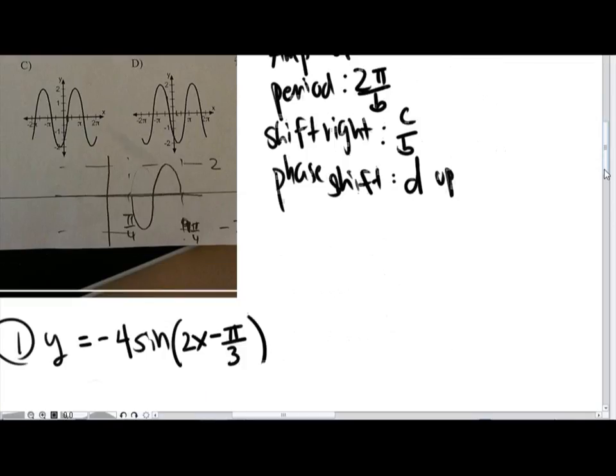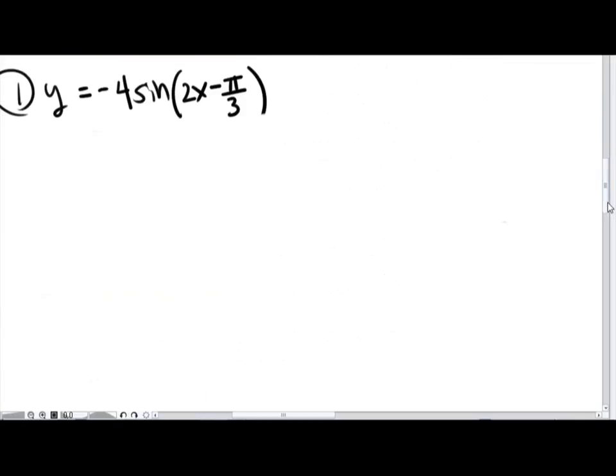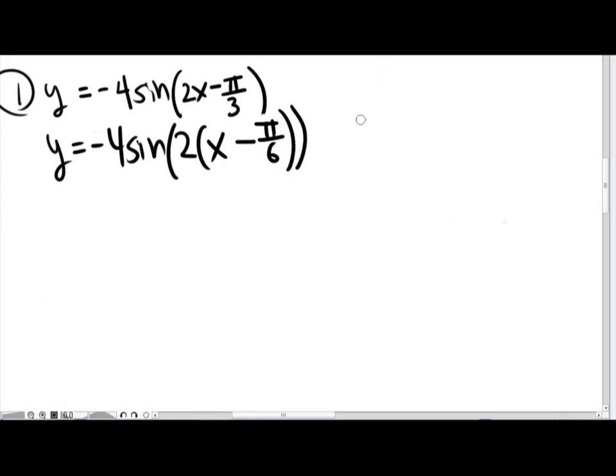Okay, so our first question is y equals -4 sine 2x minus pi over 3. We're going to do the same thing as we did before when we factored out the b. So we're going to factor out the 2 in this part of the equation, and then if we do that, we get 2 then x minus pi over 6.